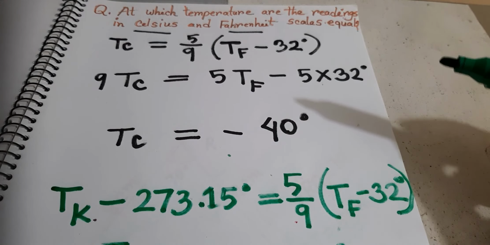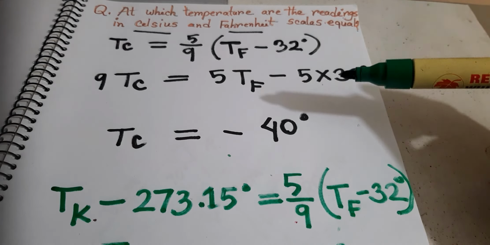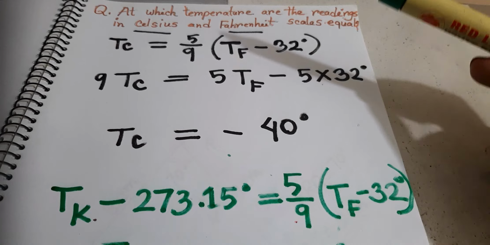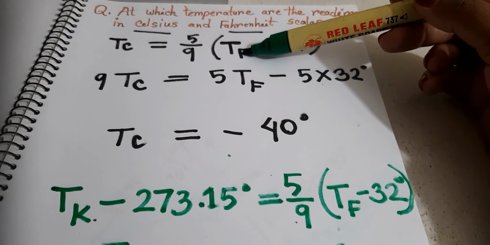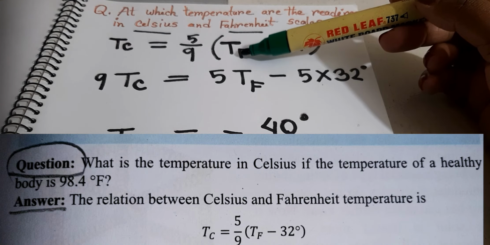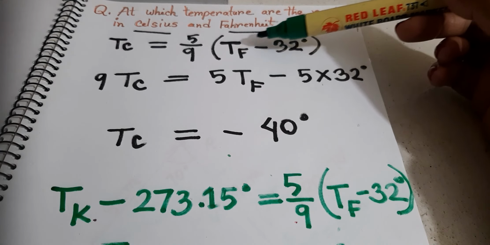Here is another question: what is the temperature in Celsius if the temperature of a healthy body is 98 degrees Fahrenheit? We need to figure out the Celsius scale. This is the formula, guys. We apply the Celsius formula, and here the Fahrenheit value is our healthy body temperature, 98.4 degrees Fahrenheit.